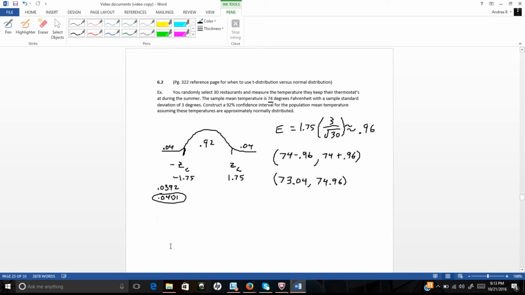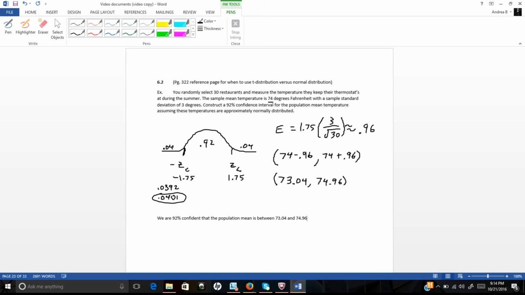If we're interpreting this, in other words, how we could write this out is that we are 92% confident that the population mean is between that 73.04 and the 74.96.